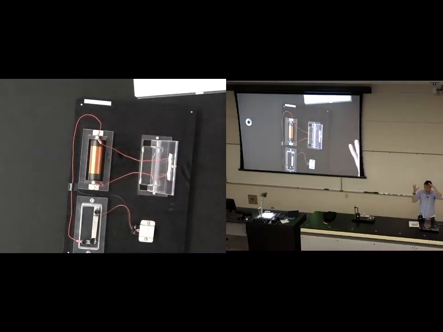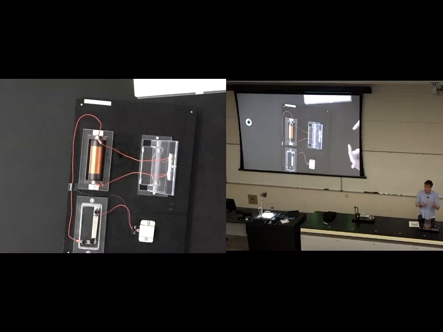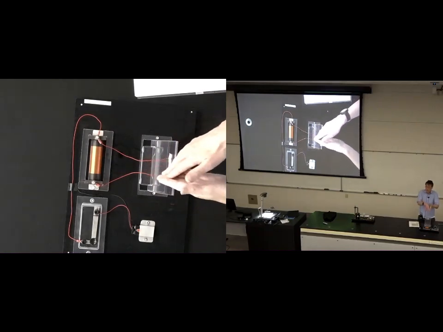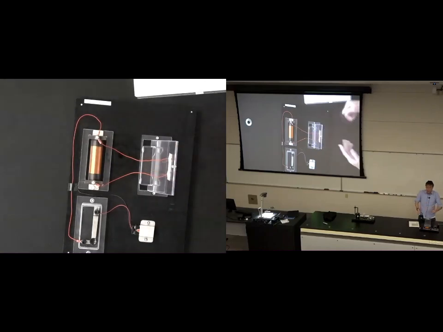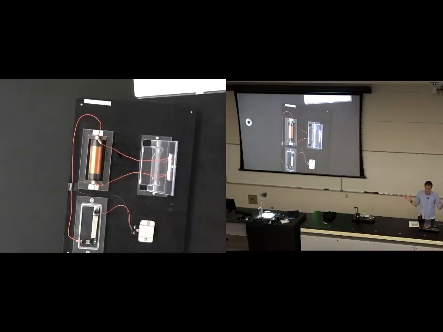Current's growing when I close the switch, current's decreasing when I open the switch. At those moments we get induced EMFs, induced currents. And in this case, because of the large self-inductance of the solenoid, because it talks to itself a lot, the induced EMF is actually much bigger than the battery's EMF. The induced EMF is more than 100 volts, more than enough to light this lamp.